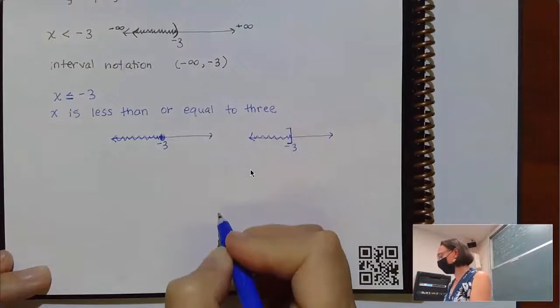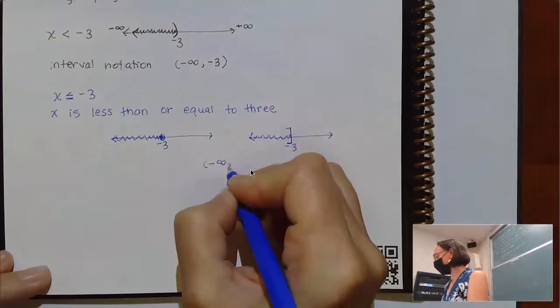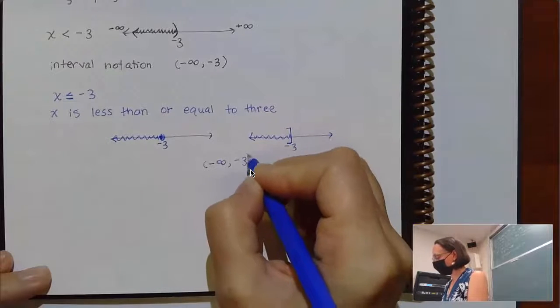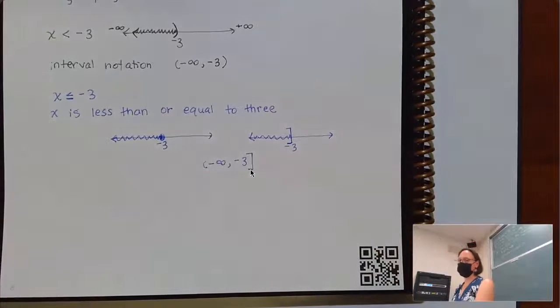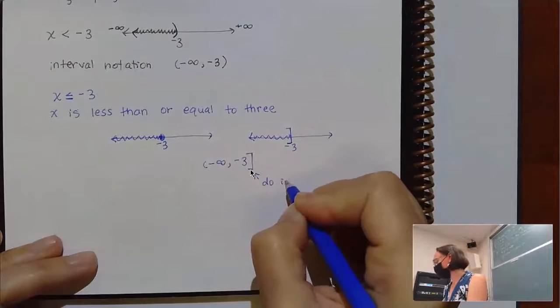And in interval notation, we would write this as negative infinity to -3. And we put a square bracket on it, which means we do include -3.